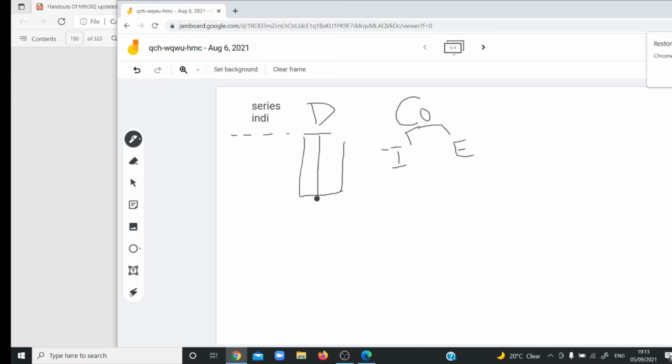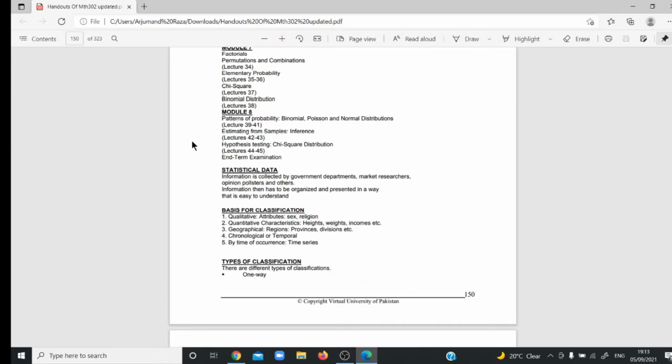I write from 0: how many students got 0, how many got 1, how many got 2, and so on, and here I write the frequency. We call that discrete data. For inclusive data, we write the classes, class intervals. For exclusive also, class intervals are important. I'll further explain how this data will be handled.